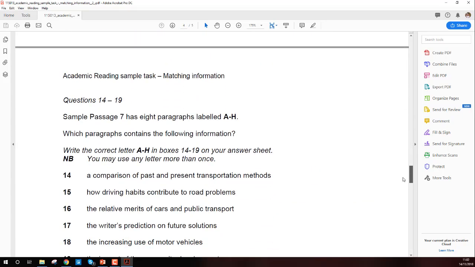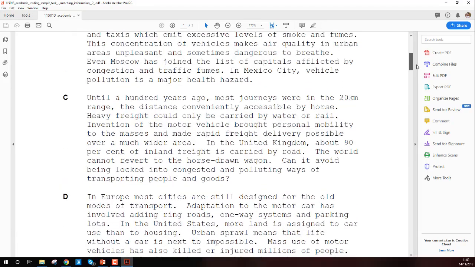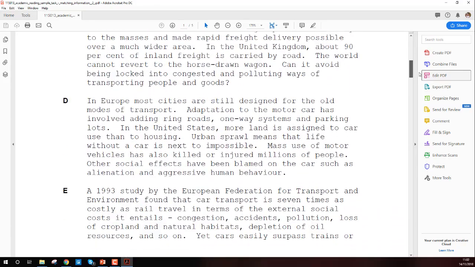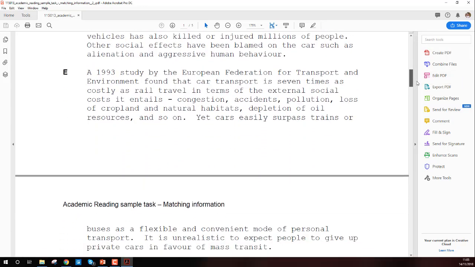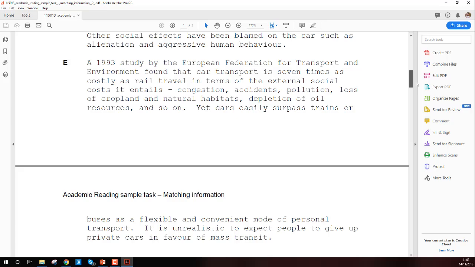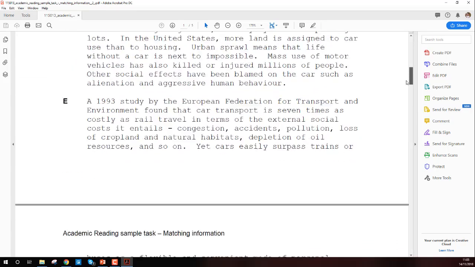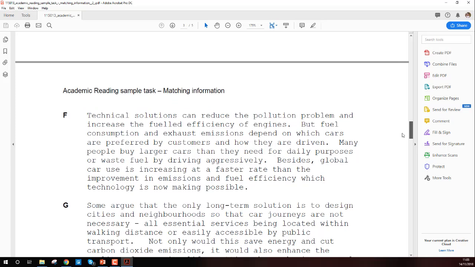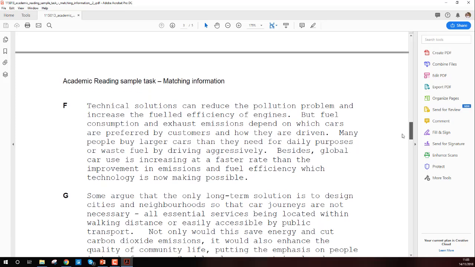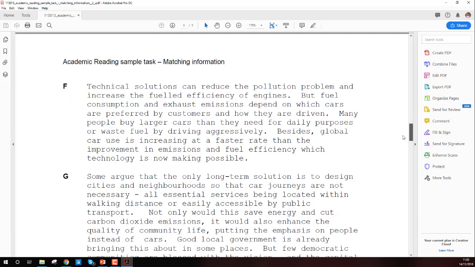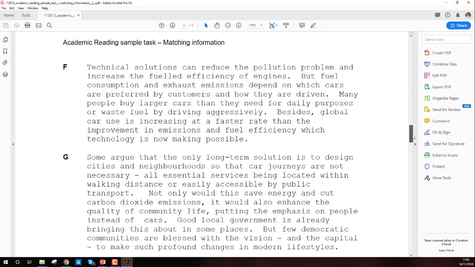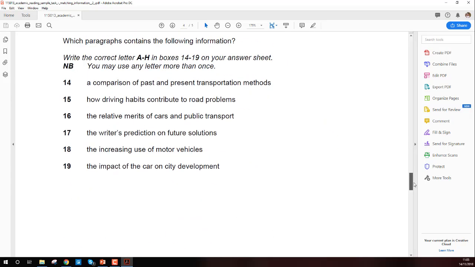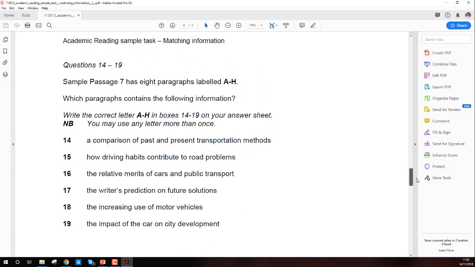15, how driving habits contribute to road problems. So that's talking about some problems there in E. I'm not sure if it's E or F. How driving habits contribute to road problems.